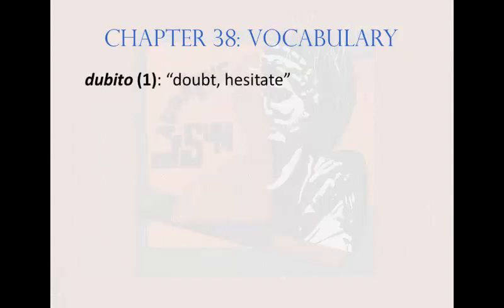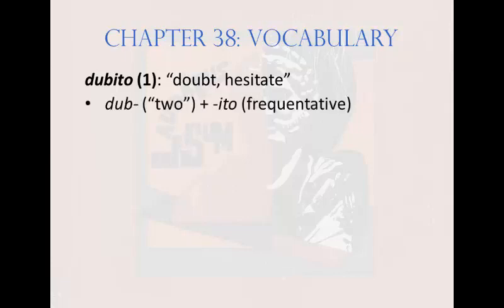Now here's a really interesting verb. Dubito, first conjugation, meaning doubt or hesitate. It's made up of duo, meaning two, and ito, a type of verbal suffix called a frequentative, which adds a sense to the verb's basic action that it's happening frequently or repeatedly.